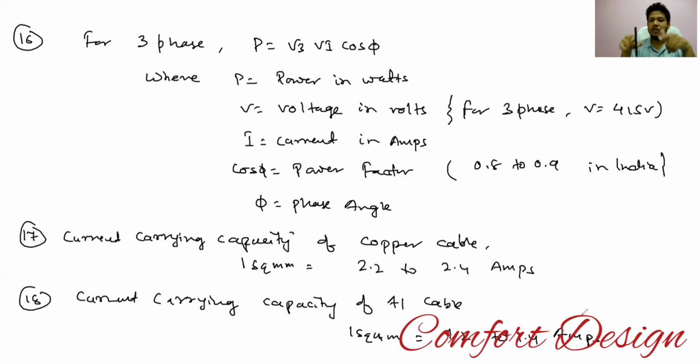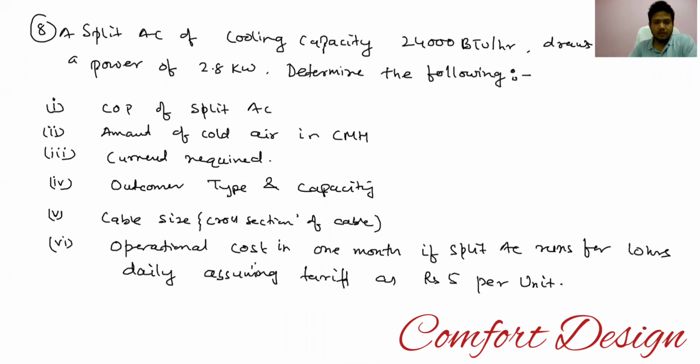That is for copper, and if the cable is of aluminum, it is 1.2 to 1.4. So let's again move to the question that I have given. Cable size in case copper cable is used.